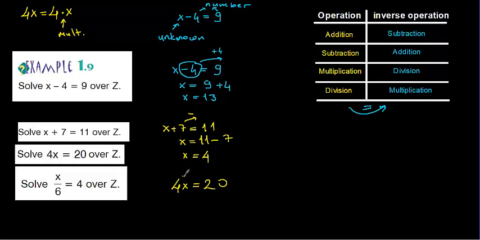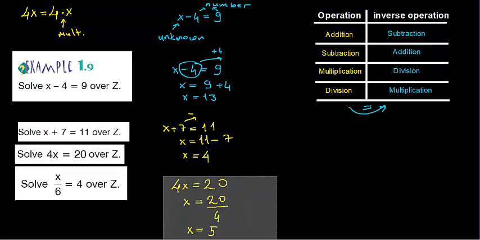So I'm going to send the multiplication to the other side, and I'm going to make it division. x is equal to 20 over 4, which is 5.